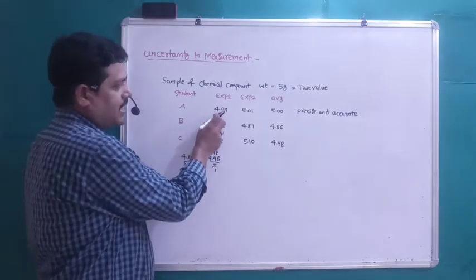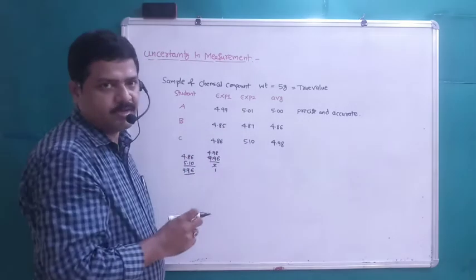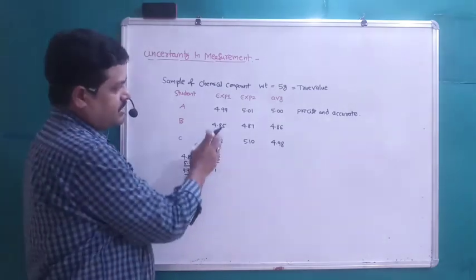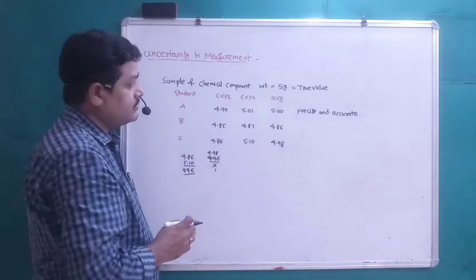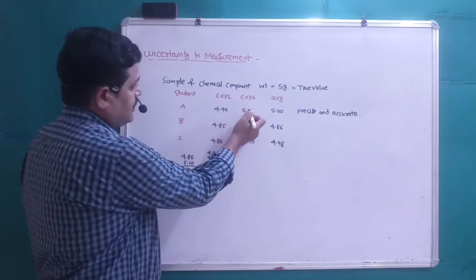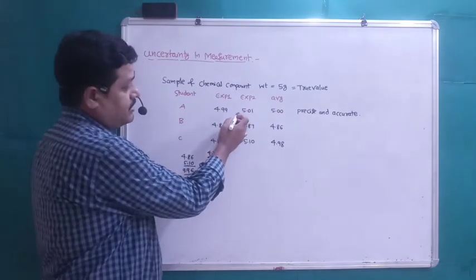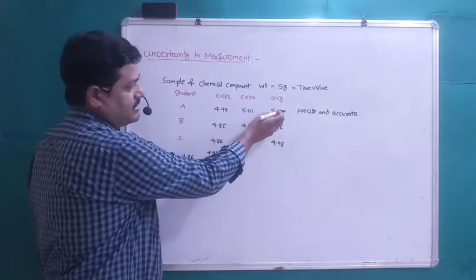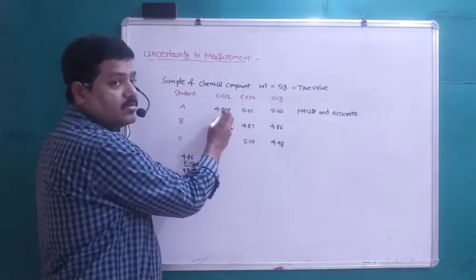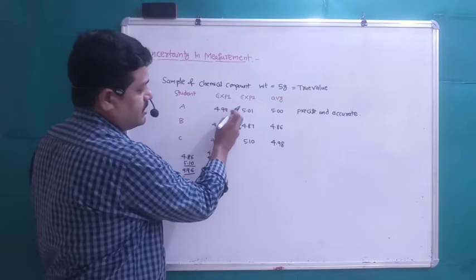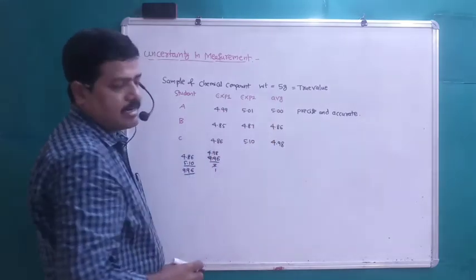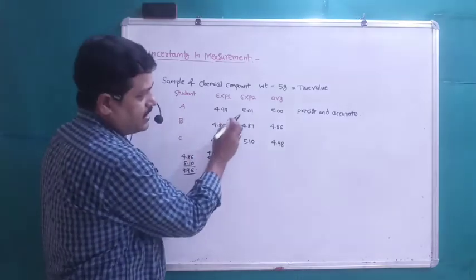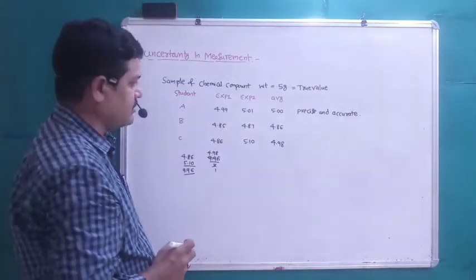You got 4.99 and 5.01; these two are close to each other. That is called precision. And accuracy is the agreement of a particular value to the true value of the result. These values are close to each other as well as to the true value, so the values A is getting we can call precise and accurate.